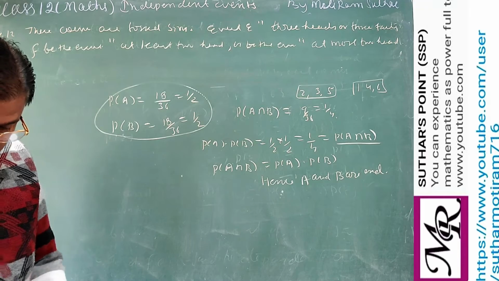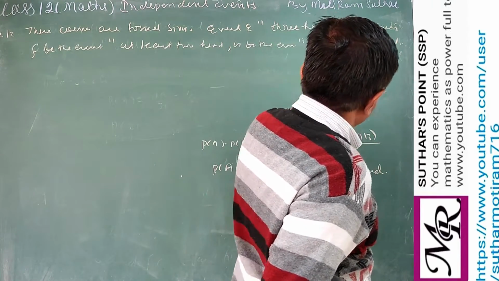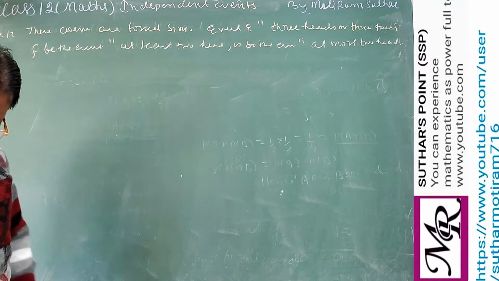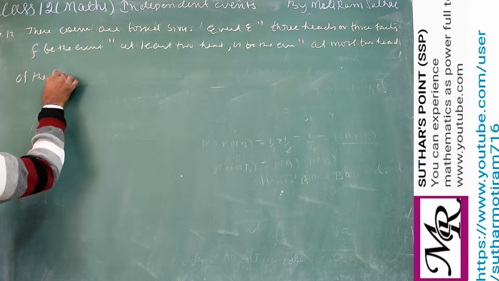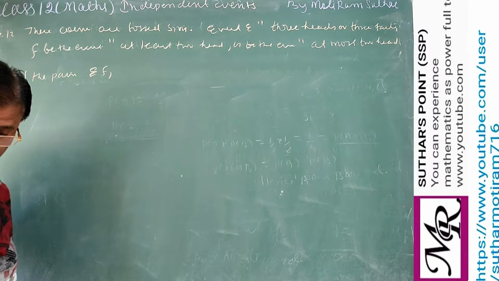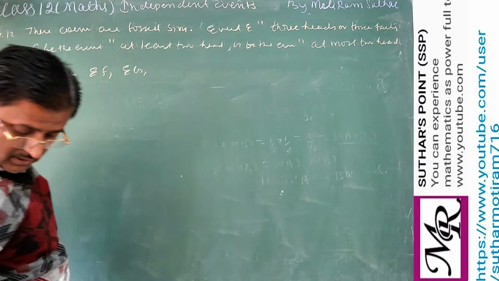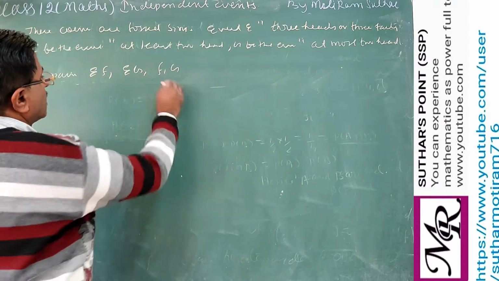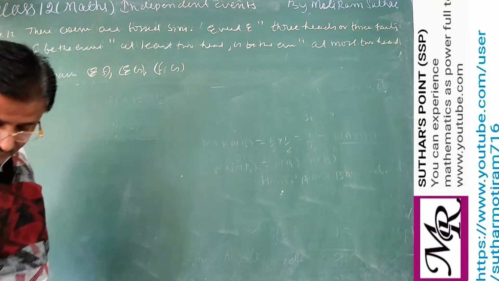Now out of the pairs, you have to check which ones are independent. The pairs EF, EG, FG are given.